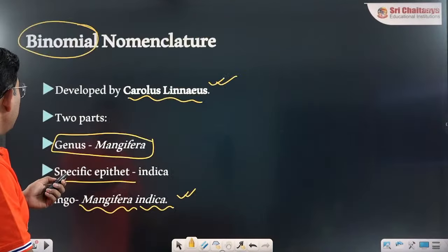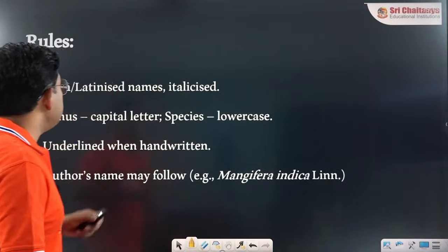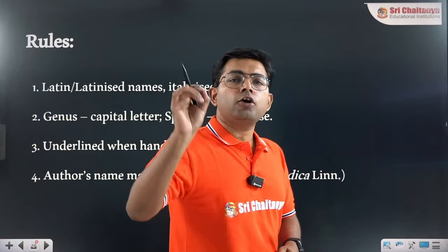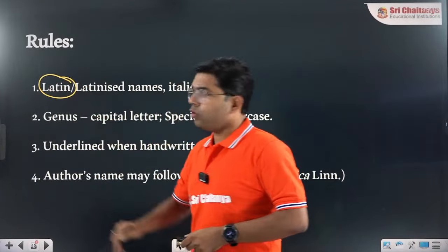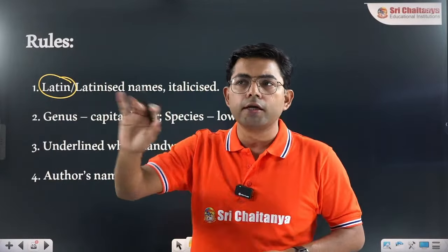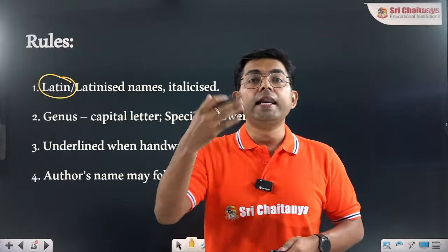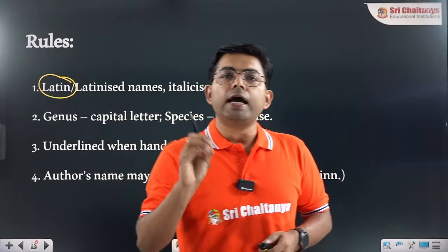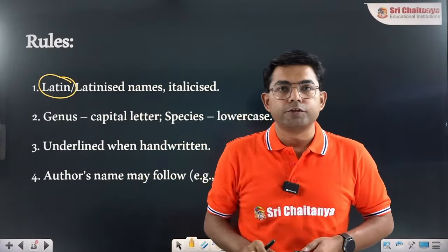So first thing, all the nomenclature should be done in Latin. Now Latin is a very ancient language which is no longer used. So you can ask me the question, why Latin? Why not some other language? The reason why Latin is used is because Latin is a dead language.